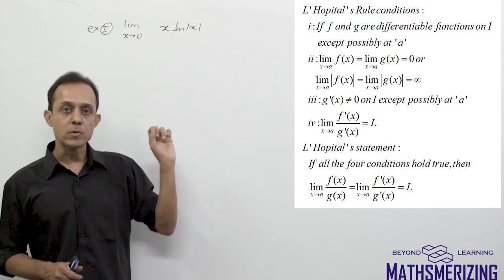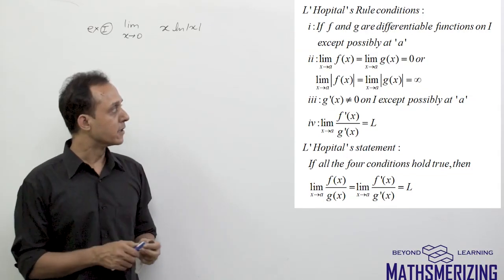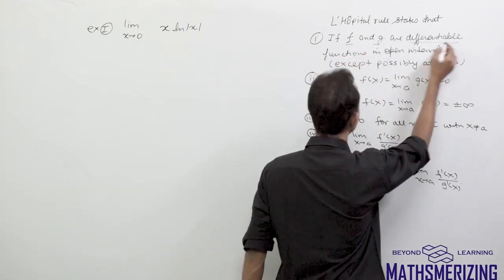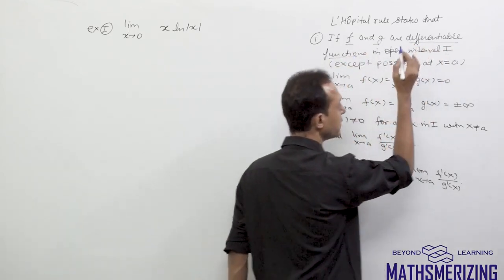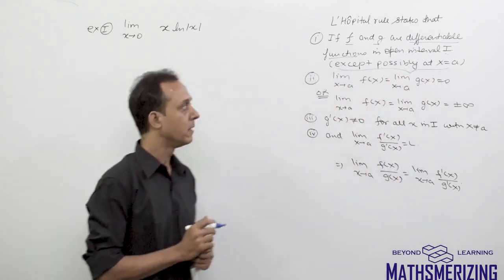Now, for L'Hopital's rule to hold, there are four conditions that are needed. The first condition is that the functions f(x) and g(x) have to be differentiable functions in an open interval I containing this point a, except possibly at x equal to a.